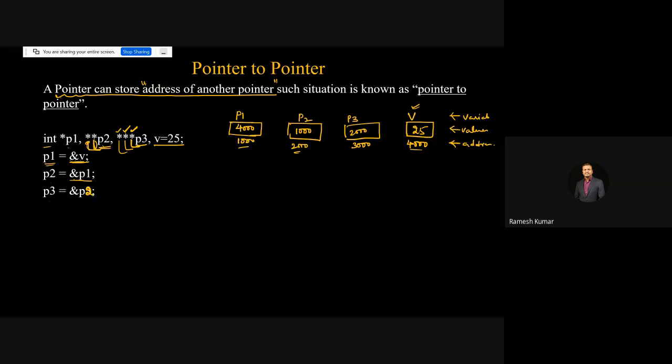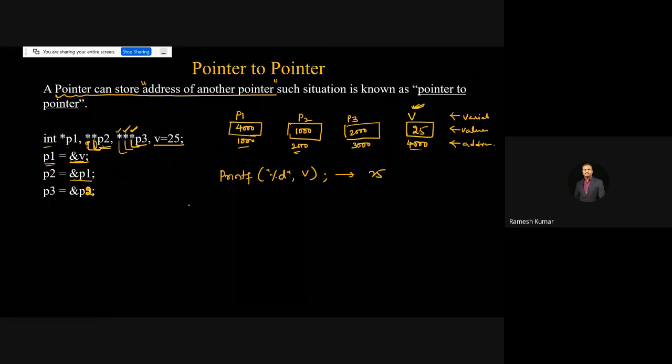Right? Now, if you want to access the value of V using pointers, in how many ways can we access it? Printf %d V. This is going to print the value 25. If you want to print the value 25 using pointer P1, you can write star P1.